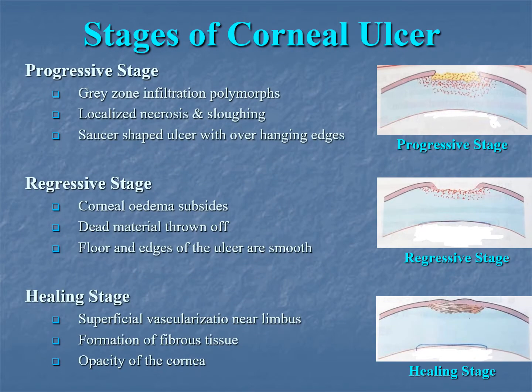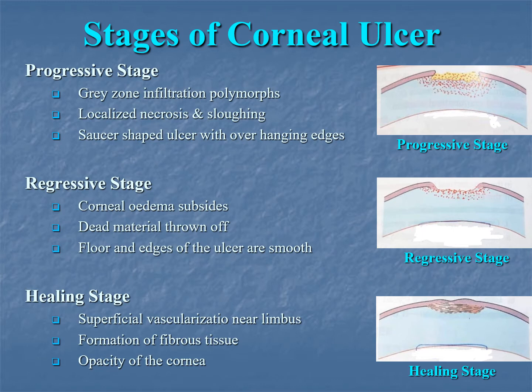In this picture, you can see the different stages of the corneal ulcer. It can be divided into three stages: progressive stage, regressive stage, and healing stage. In the first picture, you can see the gray zone of infiltration of the polymorphs, localized necrosis and sloughing, and you can appreciate a saucer-shaped ulcer with overhanging edges.